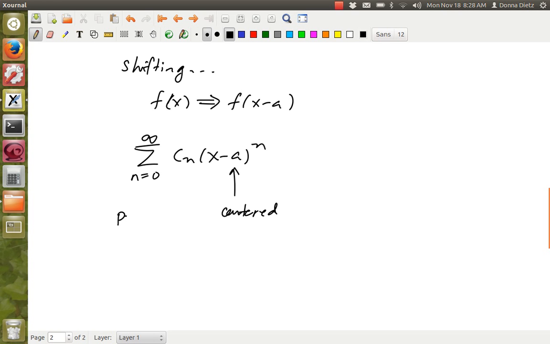This is a power series centered at A, or about A, or centered about A. Those are all different ways of saying the same thing. So, example.